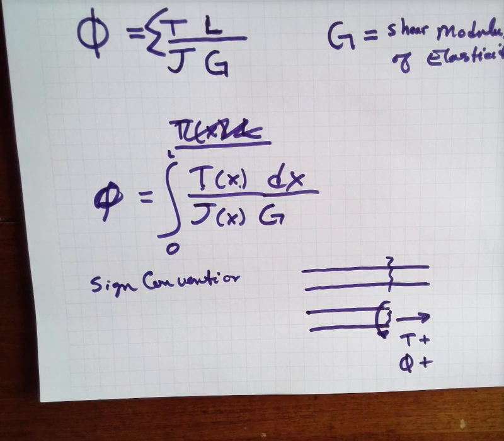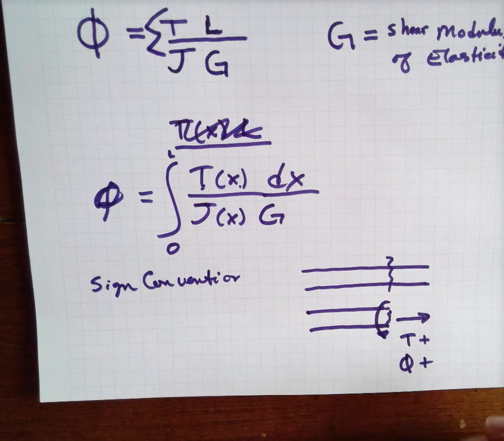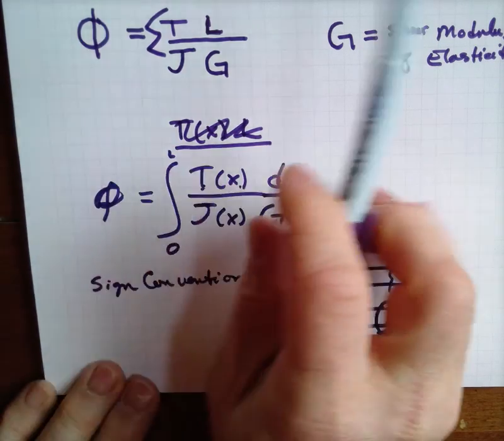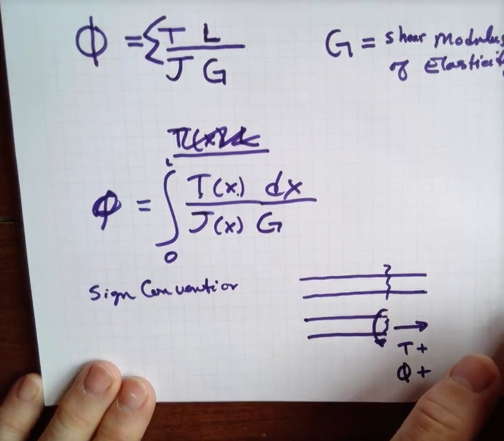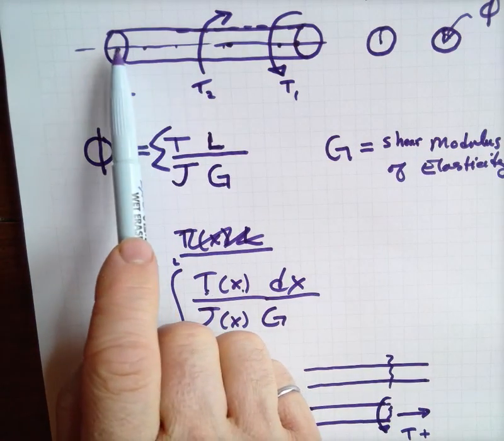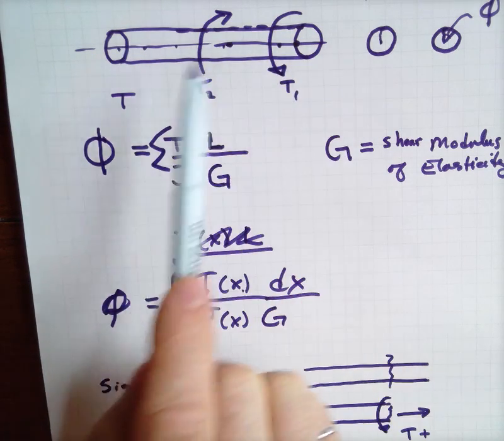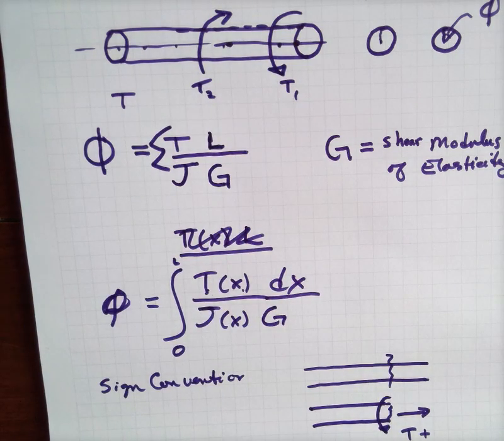Whereas if the internal torque were pointing, in other words your thumb were pointing into the shaft, the torque would be negative and the angle of twist would be negative. This allows us to see what the angle of twist is doing. Is it always adding as you go through different sections, or sometimes adding, sometimes subtracting?